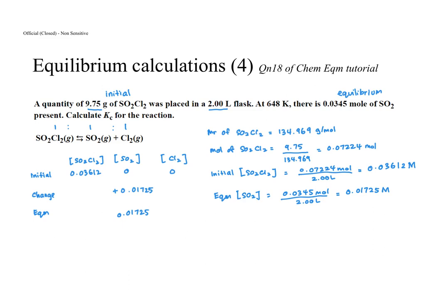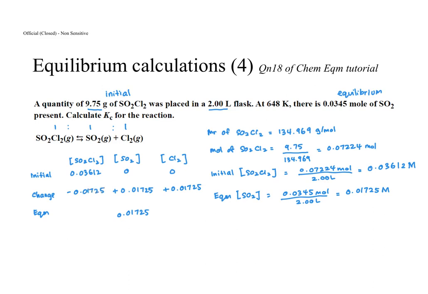So the amount of change will be the same. For Cl2, it will increase because Cl2 will be produced by this reaction. As for SO2Cl2, it will be used up, so the change will have a negative sign, but the value is the same.